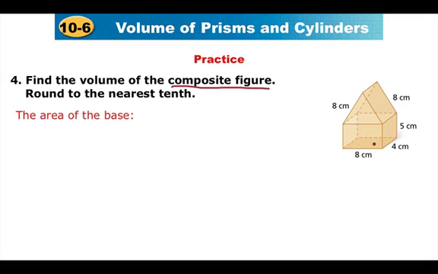Let me change the color, it's going to be this. This is going to be your base. And then your height is going to be the 4. To compute the area of the base, which represents these two shapes, like a composite figure, it's actually a rectangle, which is 8 times 4.